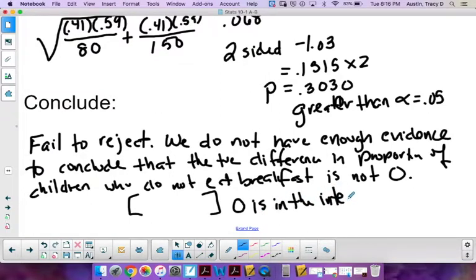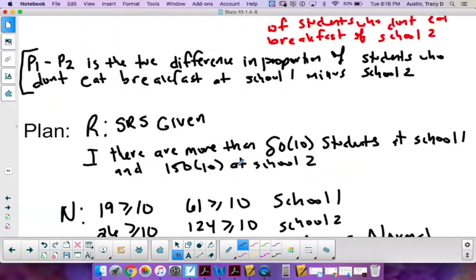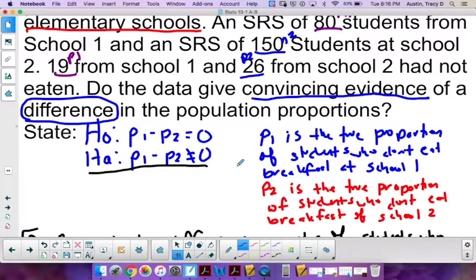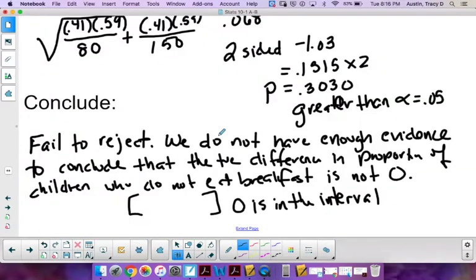That means my interval is going to go from a negative to a positive number. Since 0 is in the interval, that means a difference of 0 is plausible. It is possible for this to happen if the confidence interval contains 0.